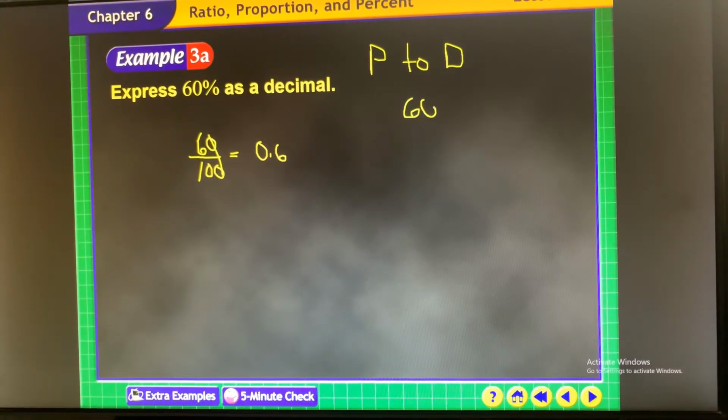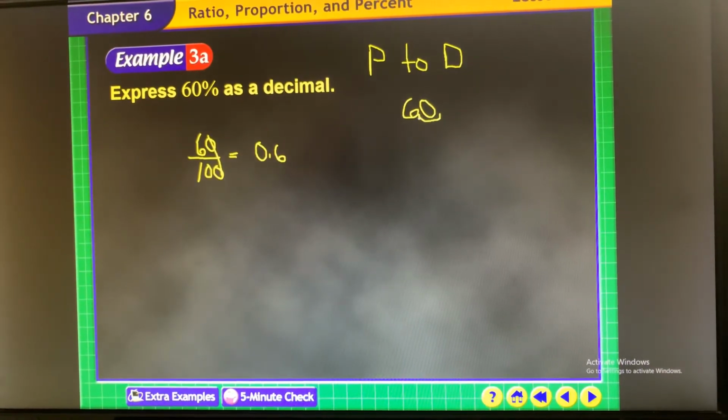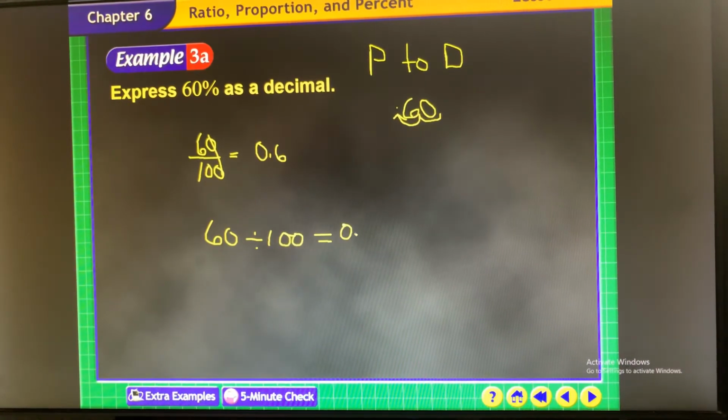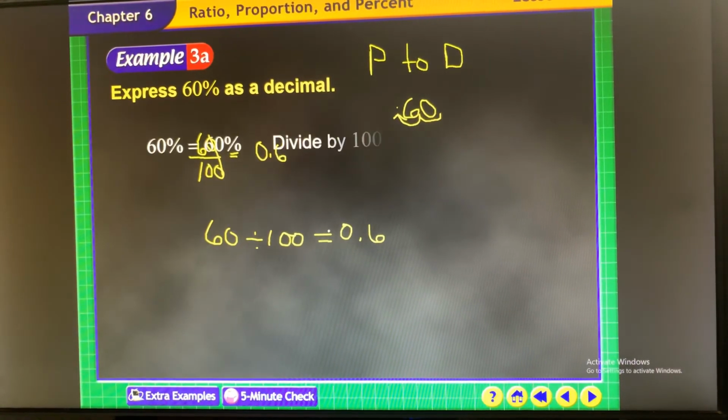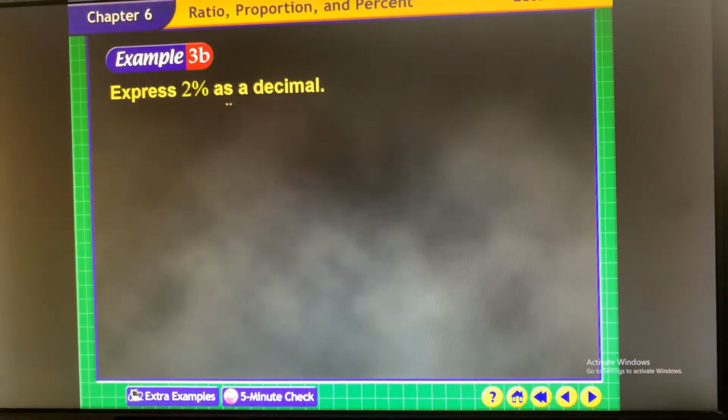So if it's 60%, and there's no decimal that you see, the decimal's in the back, go 2 places this way. There you go. Or take this number and divide it by 100. And you'll get 6/10. Okay? So whatever way is easiest for you.